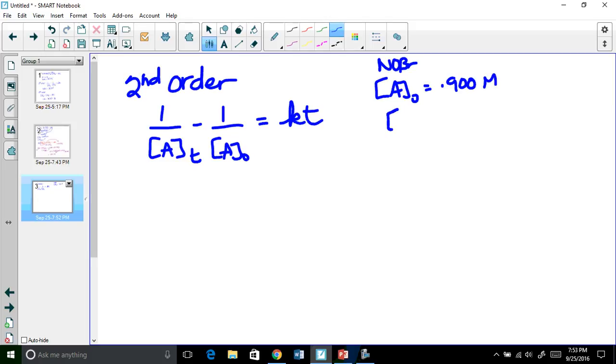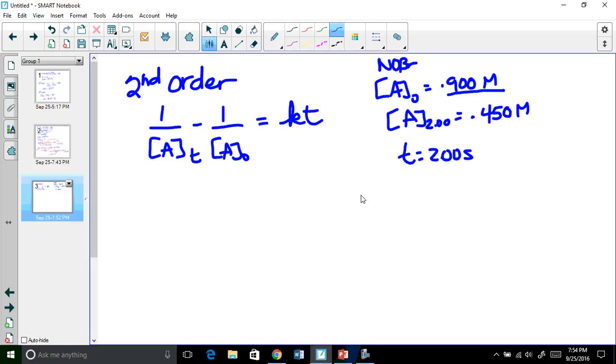And then we actually know the concentration at 2 seconds because they called it a half-life. And a half-life is the time that it takes for half of this to be gone. And what's half of 0.9 is 0.45. And then the time is 2.